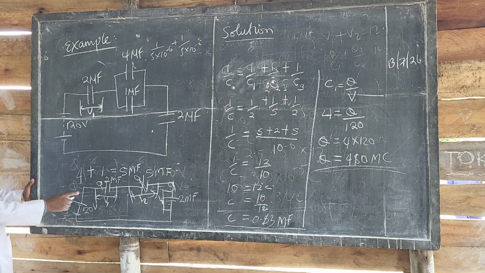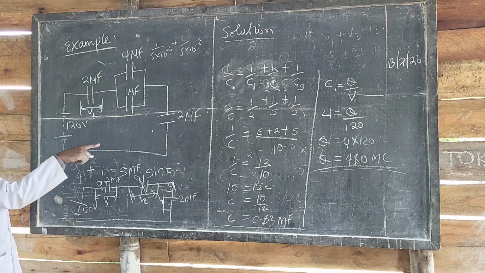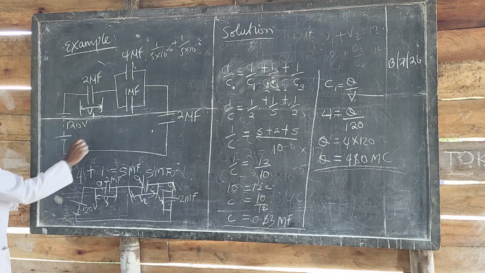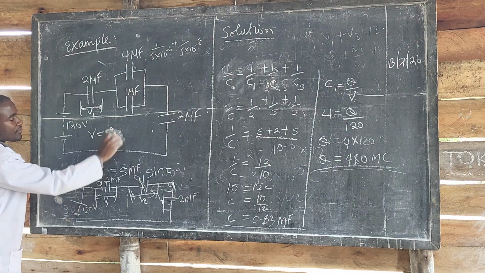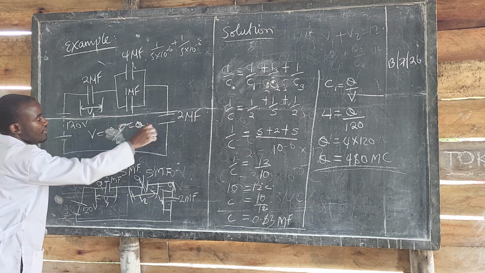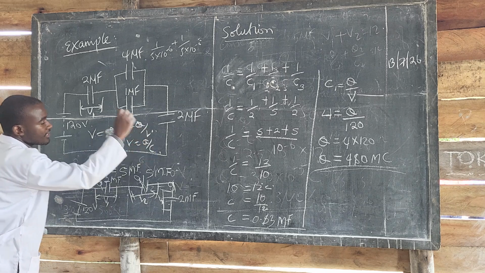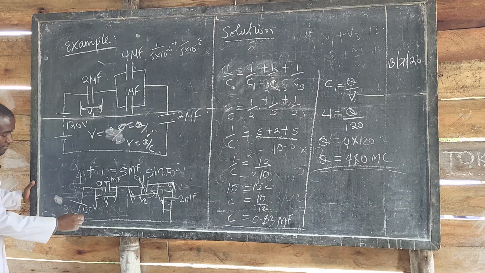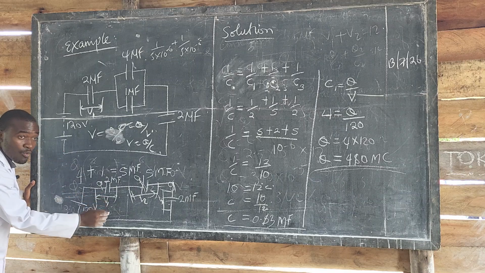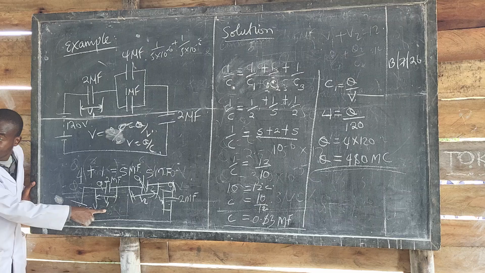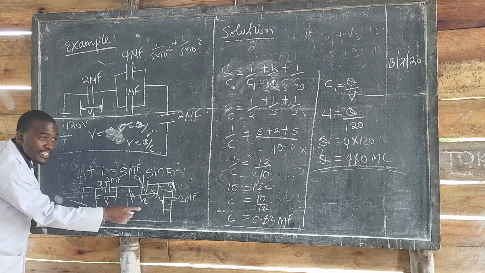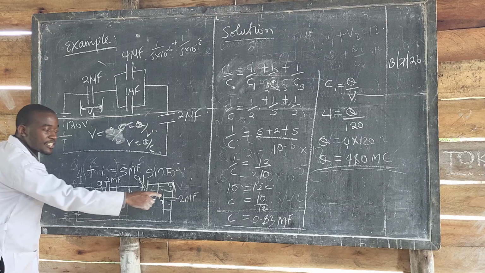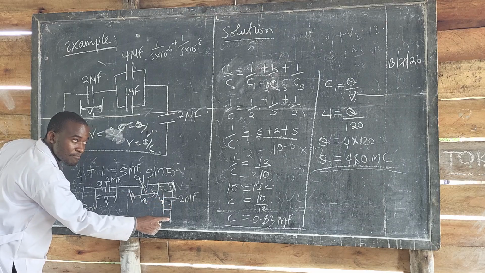Now, once you get that PD, you are going to substitute for that PD with Q over C. From C equals Q over V, V will be Q over C. So you substitute Q over C1 for this case, plus Q over C2 for this case, plus Q over C3 for this case.